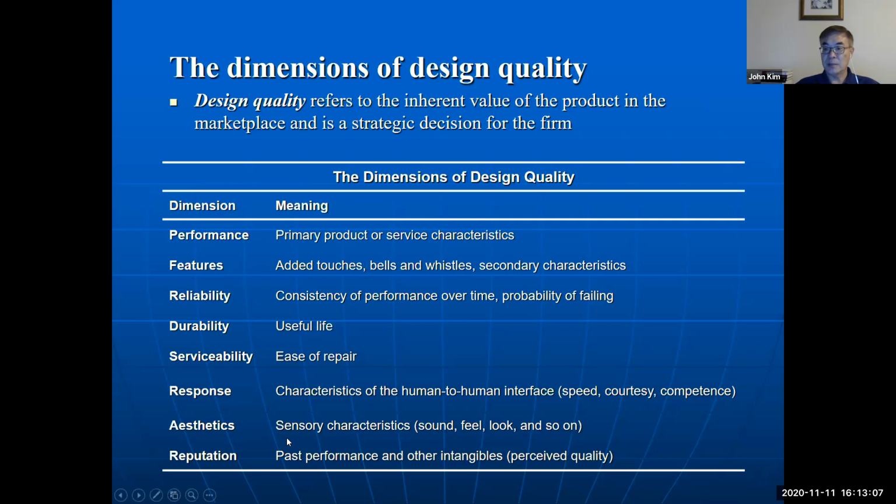And then aesthetic, sensory characteristics, design things, color good, look good and so on. And then reputation, based on the company's reputation, we can decide to buy or not. Okay, so when we design a product, we should consider those things.